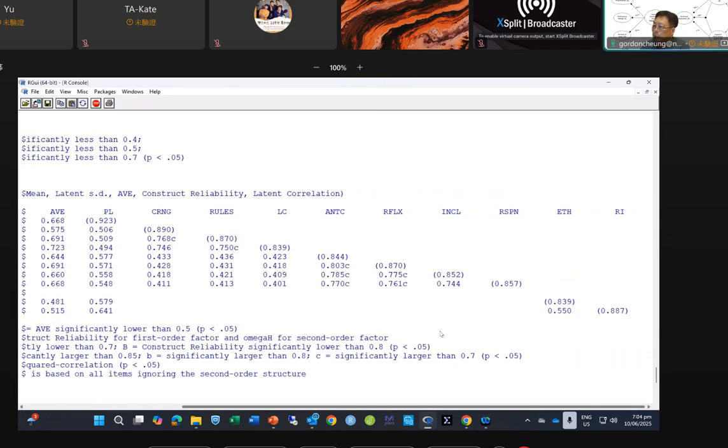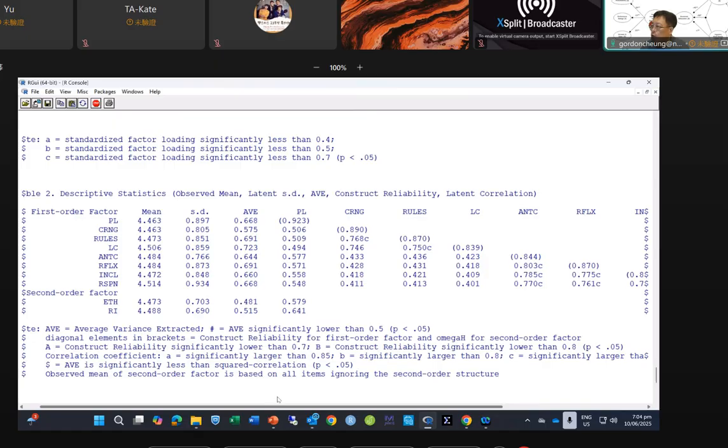Similarly, if you look at this, ANTC, RFLX, and inclusion, they have a subscript C. So we have slight discriminant validity issues here, but since they are the dimensions of a second order factor, we don't worry about the discriminant validity here. Have I made myself clear? Yes.